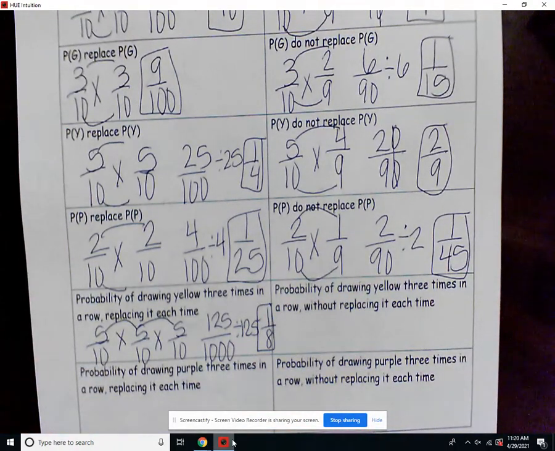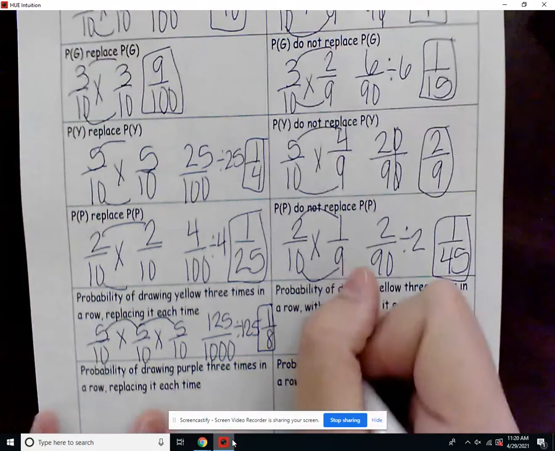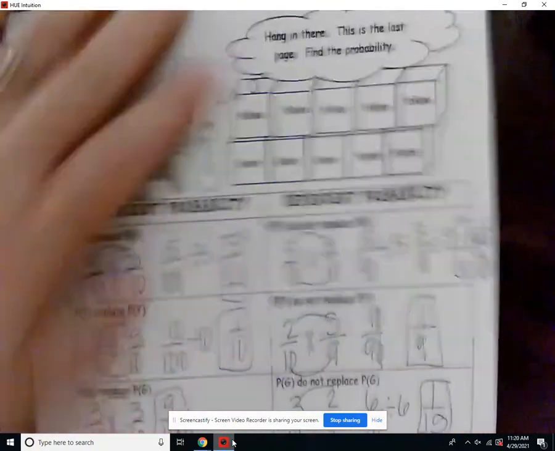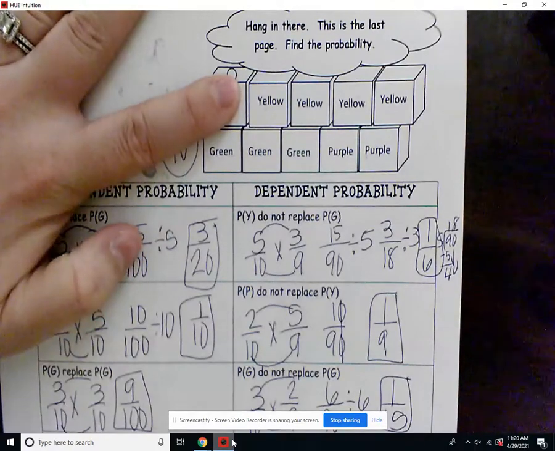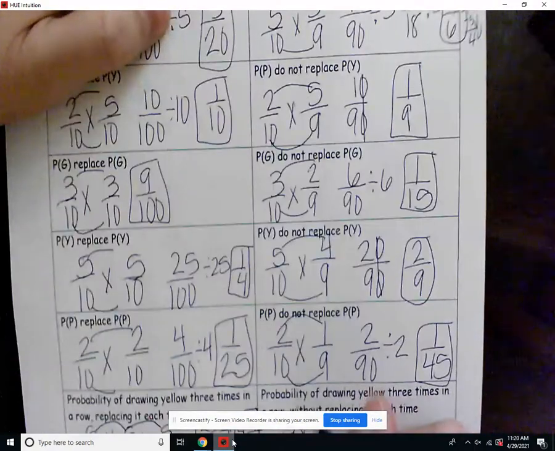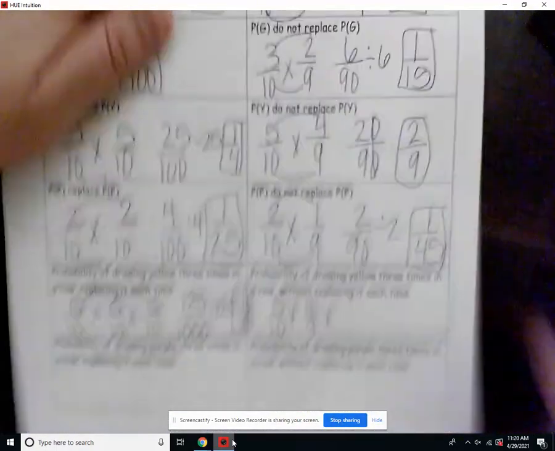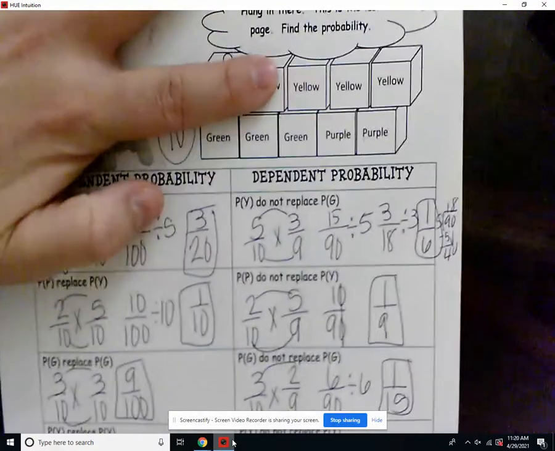So what is the probability of drawing a yellow 3 times in a row without replacing it? So each time I'm going to take away yellow. Well, for the first fraction, it will be 5 out of 10. Okay, so I'm going to take away yellow. I now have 4 yellows remaining out of 9 for my second fraction. So I'm going to take away another yellow.